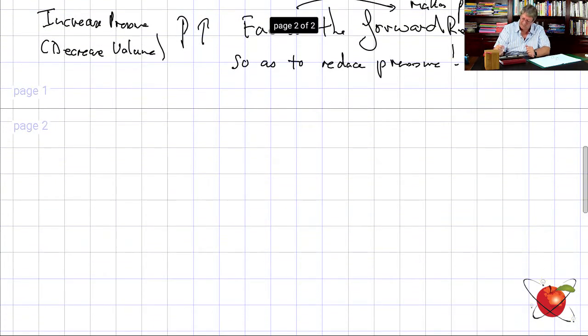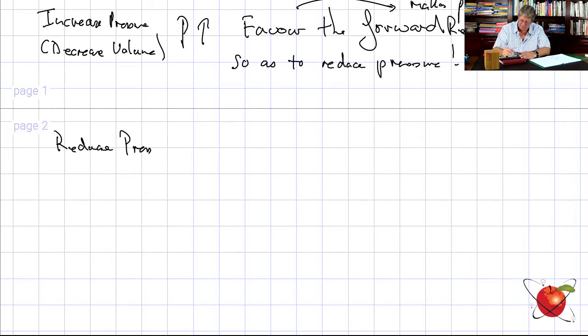Well, if I reduce pressure, okay, increase pressure, reduce pressure, increase pressure, decrease the volume, that is increase the volume. Remember? Please know these two here as part of this.